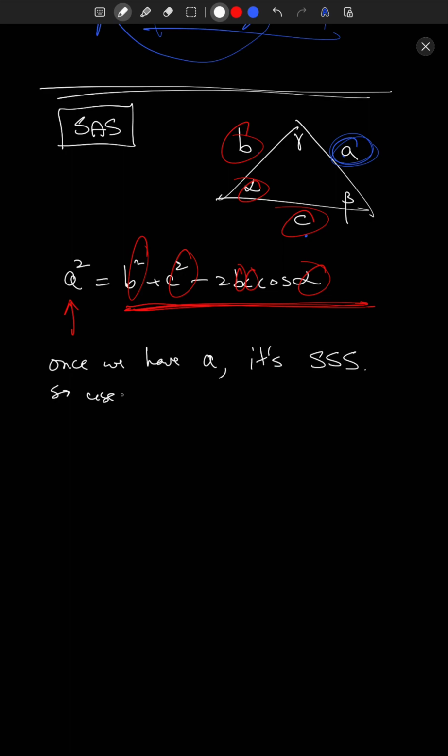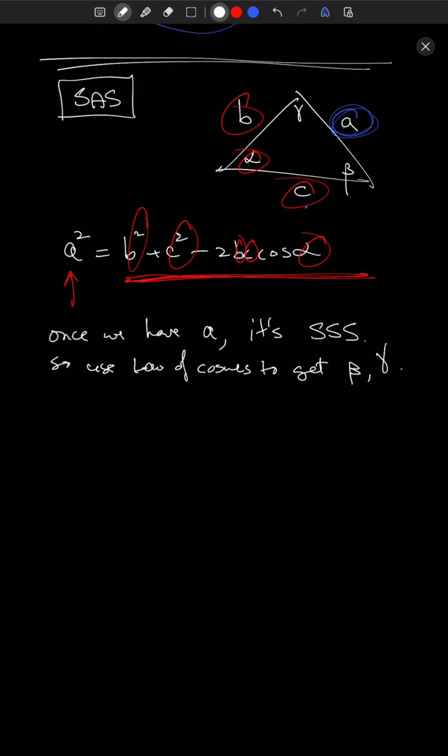So use law of cosines again to get beta and gamma, all right? That's it, right? And I'm emphasizing to use the law of cosines here as opposed to the law of sines, because as we've seen, the law of cosines in a way is more straightforward. You take the arc cosine and you're done.